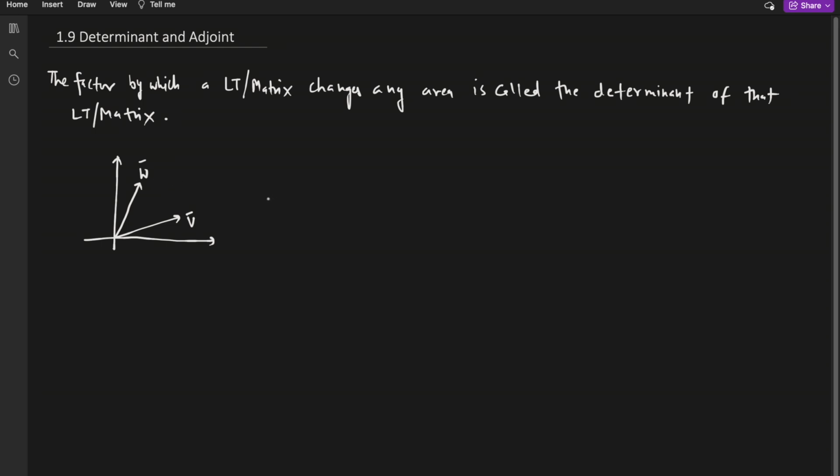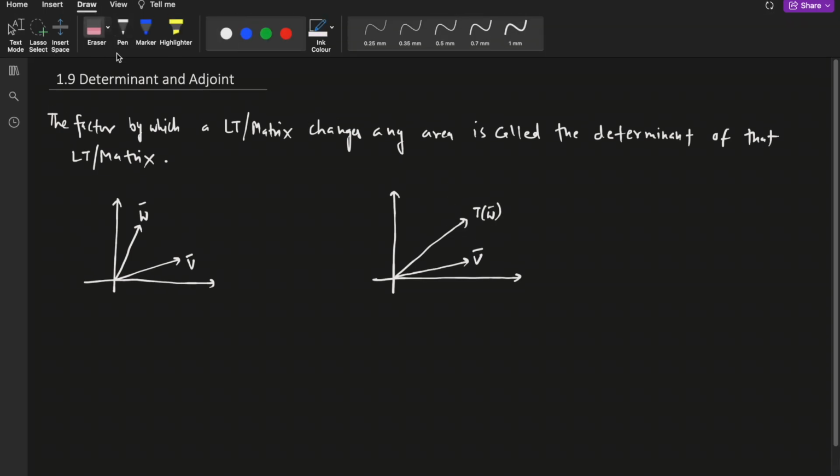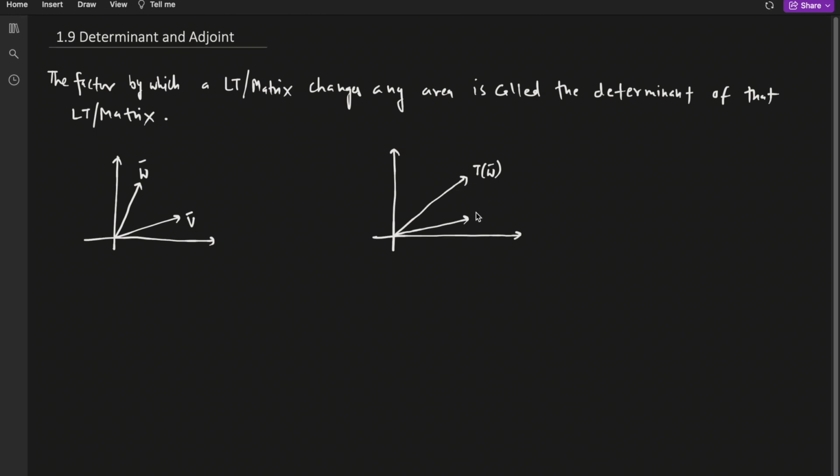So the linear transform T will transform these two vectors v and w. Okay, maybe after the transformation we came somewhere here, and maybe this is nothing but T of w, and this is T of v, right?